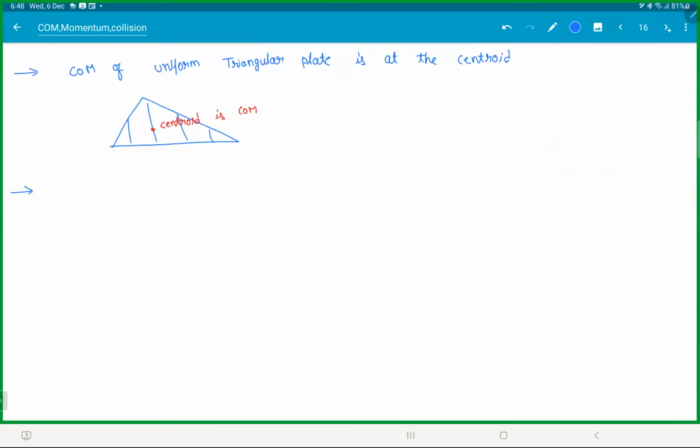This I forgot to write in the beginning. For a two-particle system, center of mass always lies between them and along the line joining them.